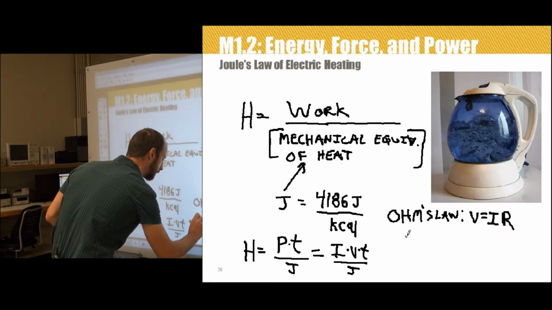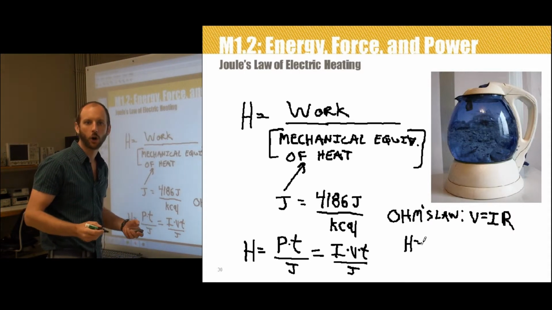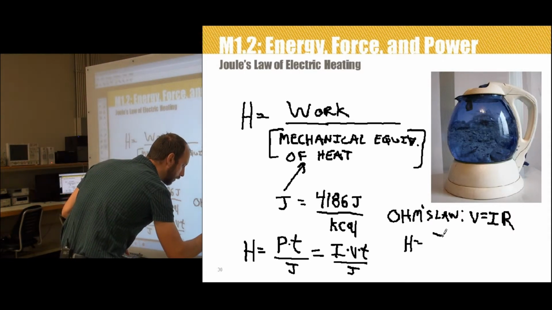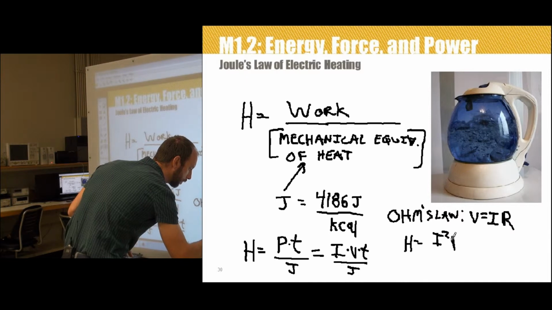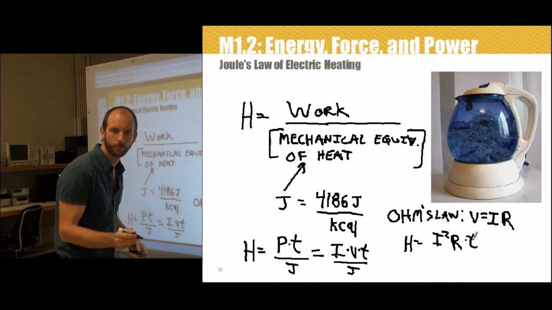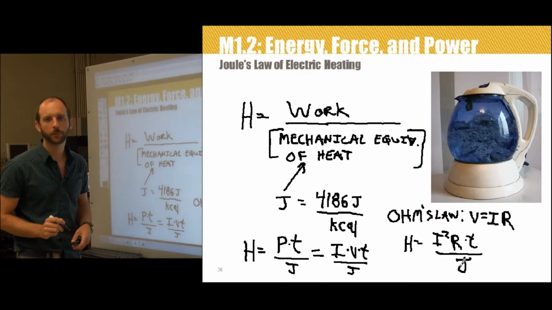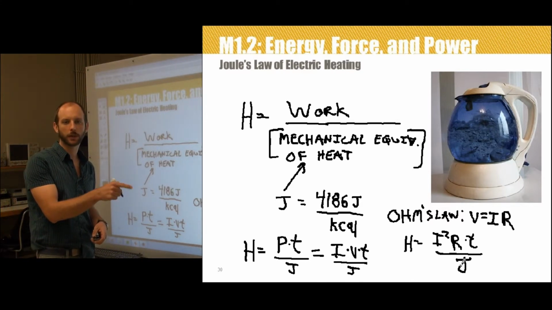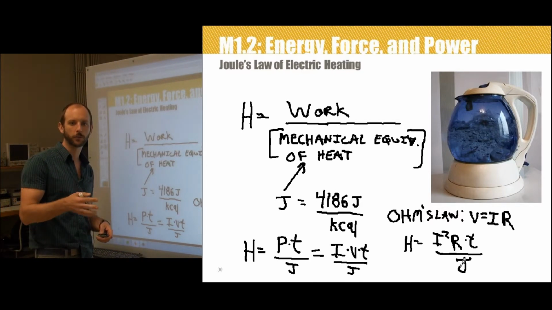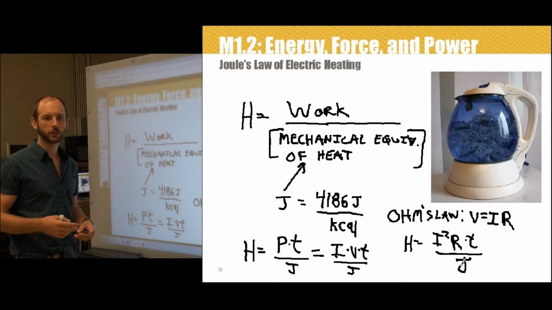And now we get heat equals I squared R times T over J, or the square of the current times the resistance times time, divided by, again, that mechanical equivalent of heat, J. Note that the mechanical equivalent of heat is simply used to convert between joules and kilocalories, which are still both a measurement of energy.